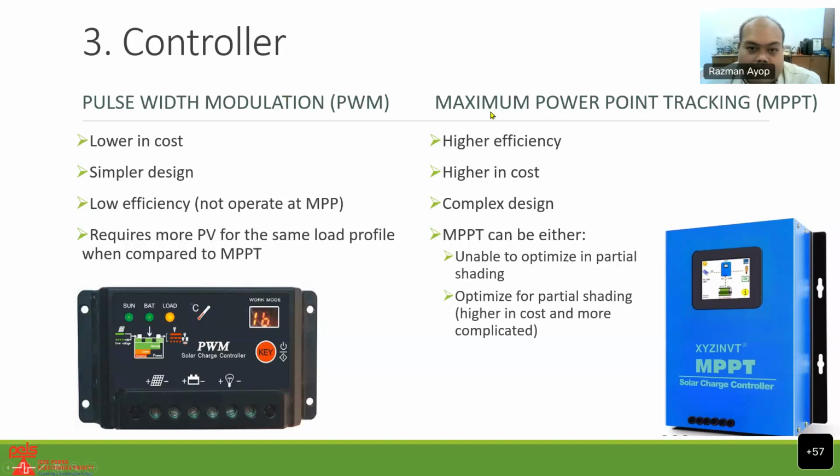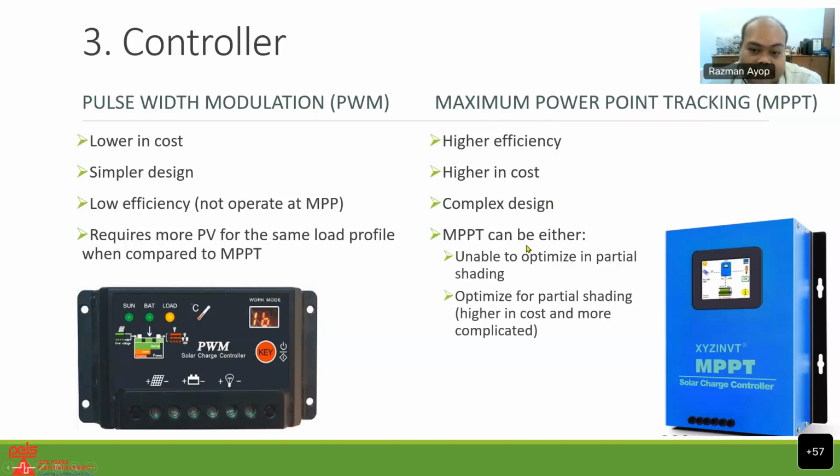If you want a better solution, you can choose the maximum power point tracking, MPPT, controller. The MPPT controller, of course, has higher efficiency, but the cost is a little bit higher and the design is much more complex.